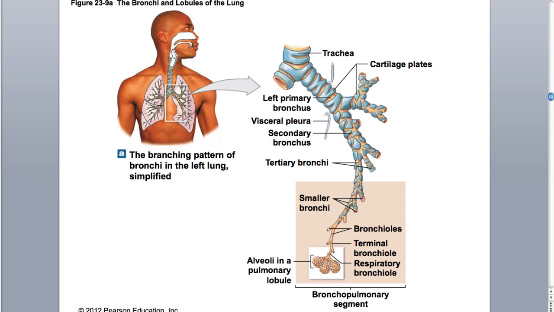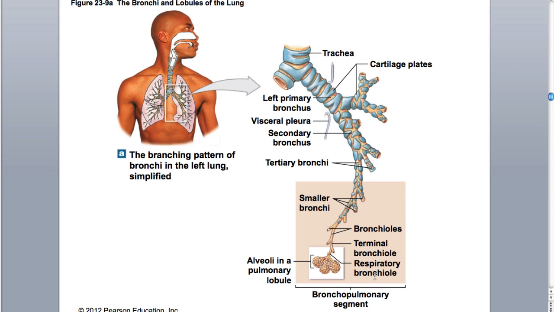Okay, now resuming with this picture, the page number I have gotten up to is now page 826. On this page, we see a picture showing the next stage. So after the tertiary bronchi, we go off into the bronchioles. And then from the bronchioles, we move further from terminal bronchiole to respiratory bronchiole.